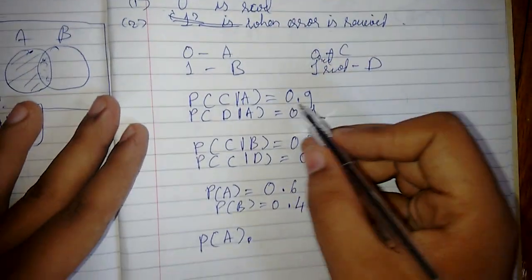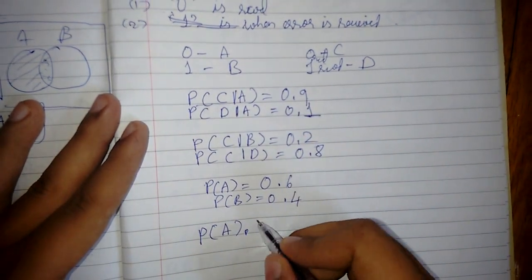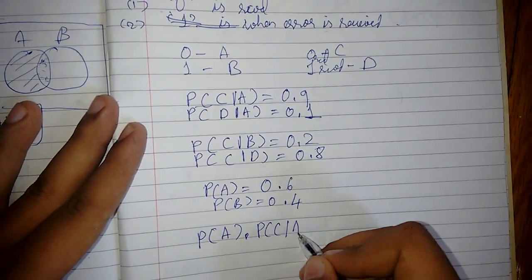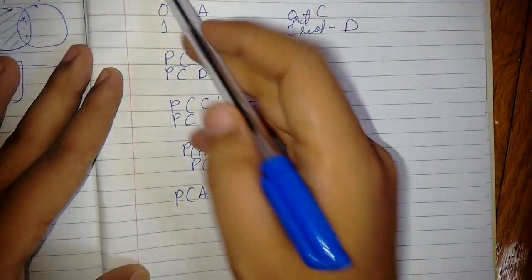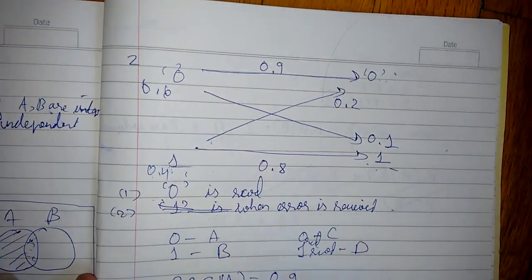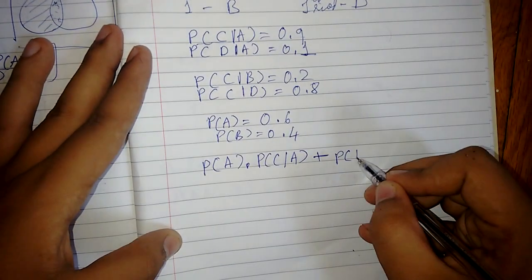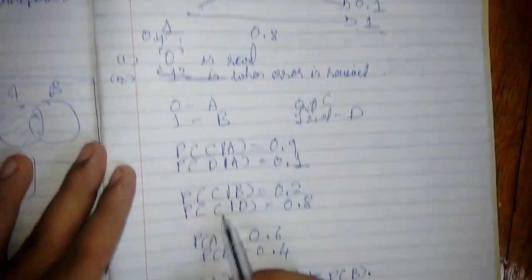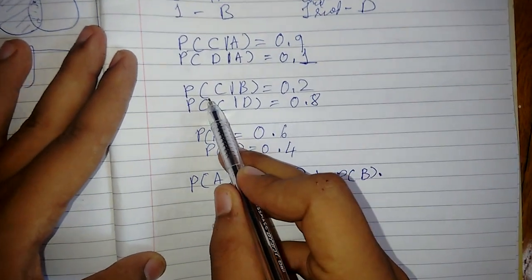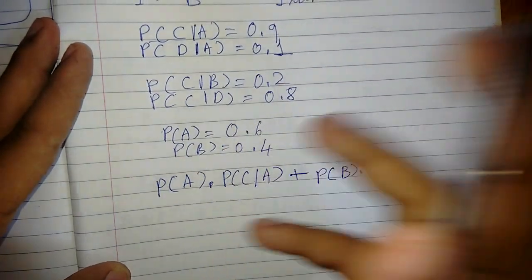That is the first case right here. Or if 1 is sent, that is probability of B, and 0 is received, that is C occurs when B occurs.